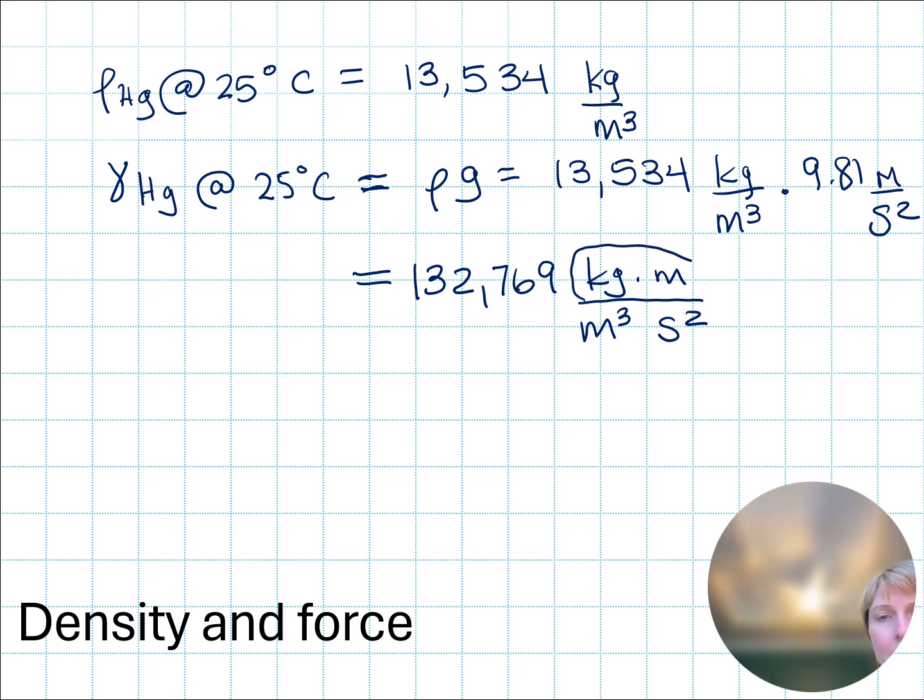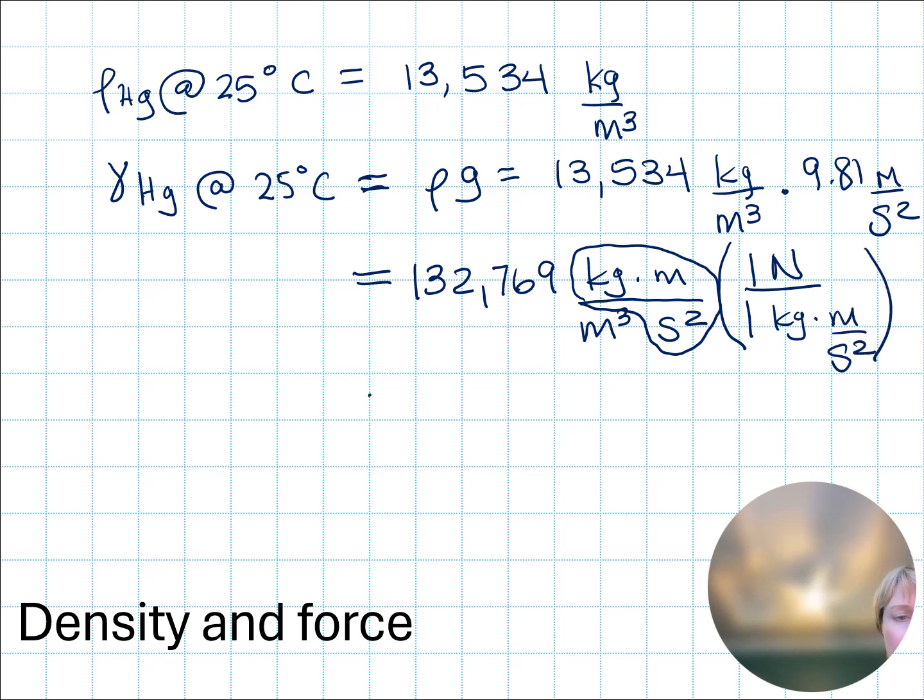I can see very clearly that I've got newtons in here. So I'll do a quick unit conversion. So my specific weight of mercury is therefore 132,769 newtons per cubic meter. So every cubic meter of mercury is going to have a weight of approximately 133,000 newtons.